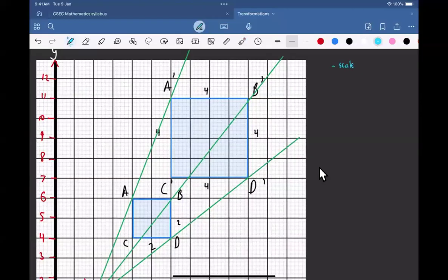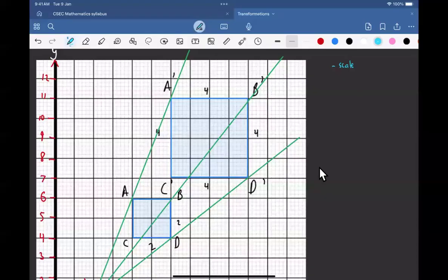2, right? You think it's 2 because it gets 2 times bigger? But we can figure that out by measuring the object and comparing it to the image. So what was the length of the side for the object? 2 units.